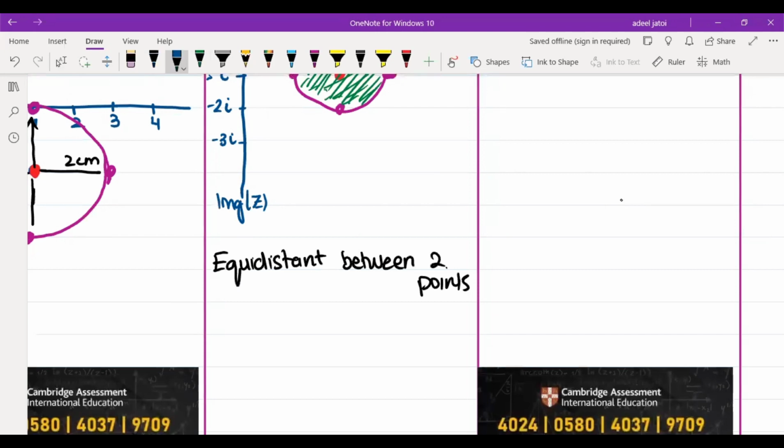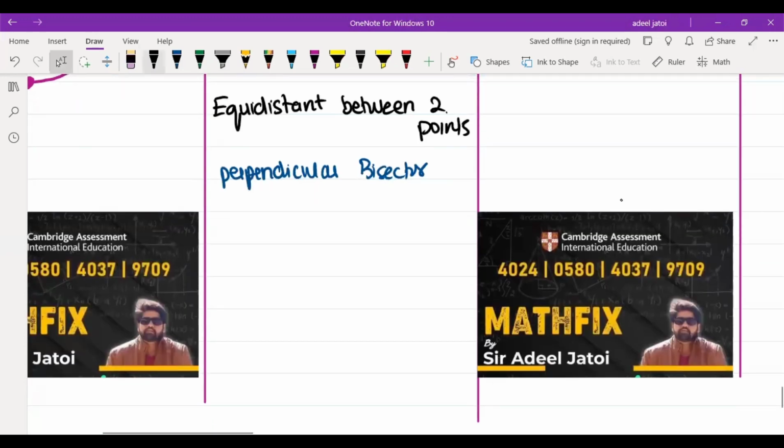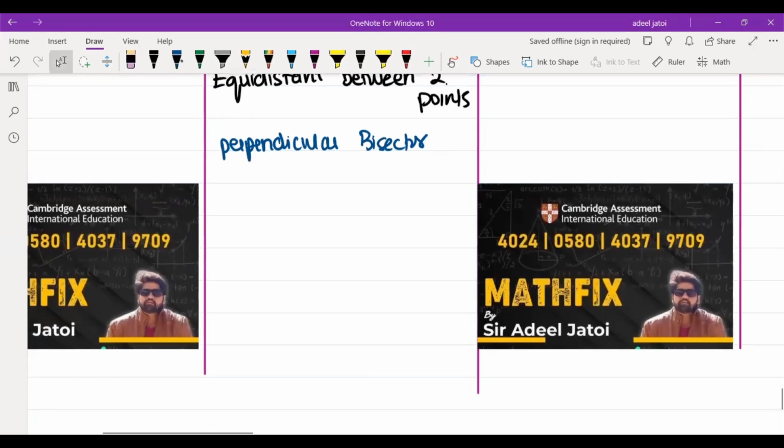A perpendicular line, and that perpendicular line is basically your perpendicular bisector. If you need to draw the perpendicular bisector, you need to understand that there are 2 points, this is A and this is B.